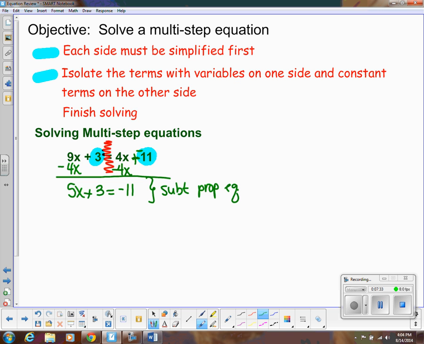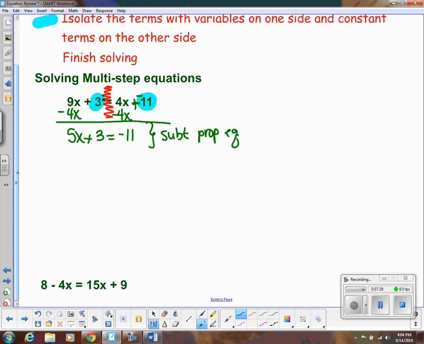So I've got addition, and I've got multiply, which gets disconnected first. Hopefully you said addition. So in order to disconnect this addition, I'm going to subtract 3 from this side, and that means I'm going to subtract 3 from that side. So I'll end up with 5x equals negative 14. What did I just do? I used, again, notice, the subtraction property of equality.